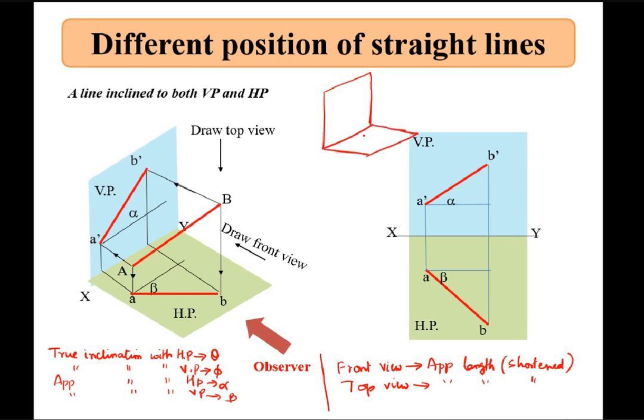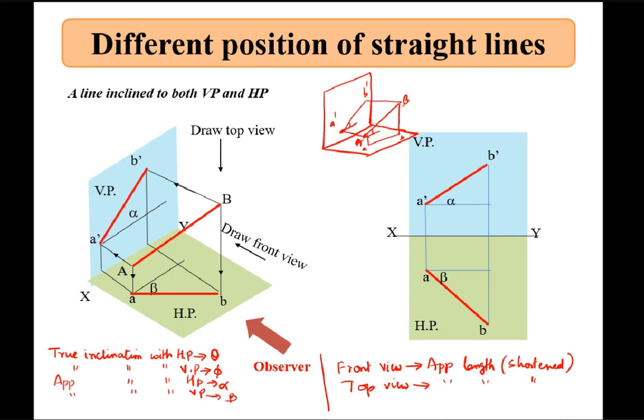So this is my point A. Say this is point B. Now I'll draw the projection like this. So here I get the true shape. This is A dash, this is B dash, and here I get the shortened length AB like this, right? So this is the case when it is inclined with HP and parallel to VP, correct?